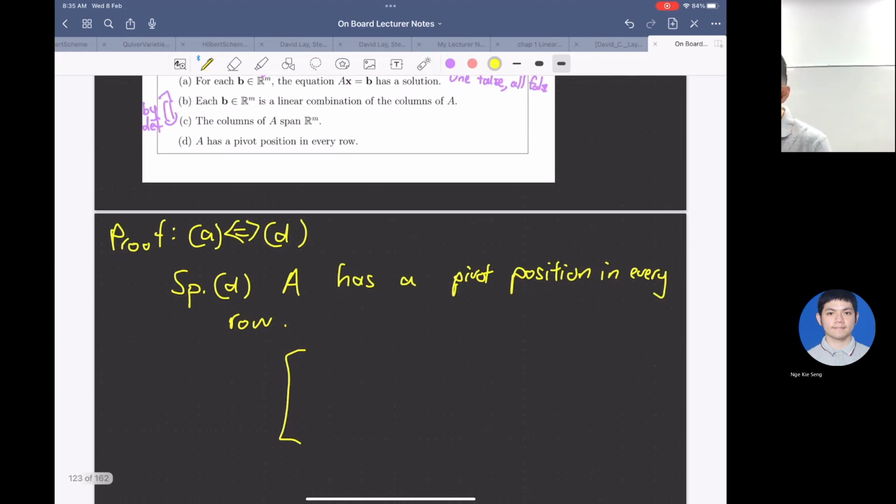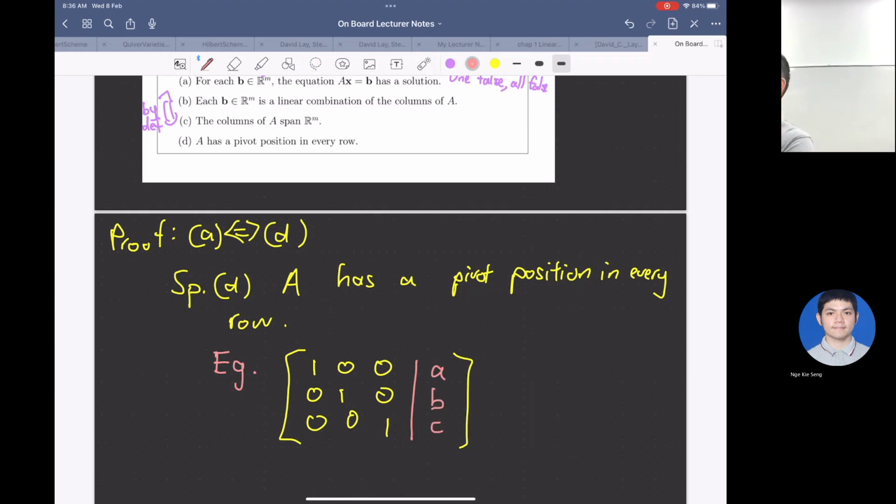From yesterday's example, this one is just an example. If you have a pivot position in every row, you can imagine that you make it an augmented matrix, A B C. Then what does this say?